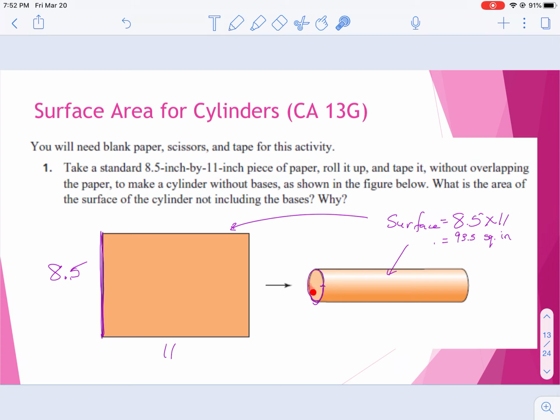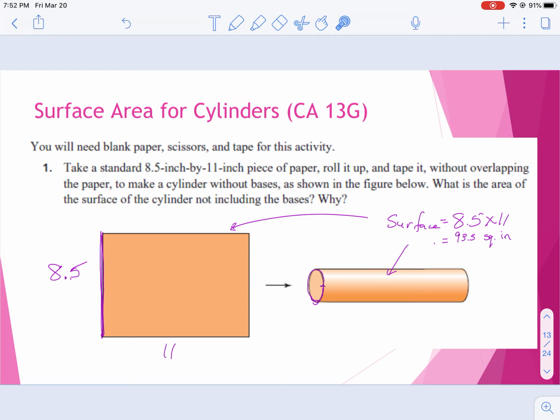And the label, hopefully you're thinking area, you're thinking squares, you're thinking square inches. Now, I started jumping into this whole piece because that's where we're going next, this idea of, if I have a cylinder, how is it related back to this rectangle? We see that this distance here, this 8.5, is the same as this distance here.